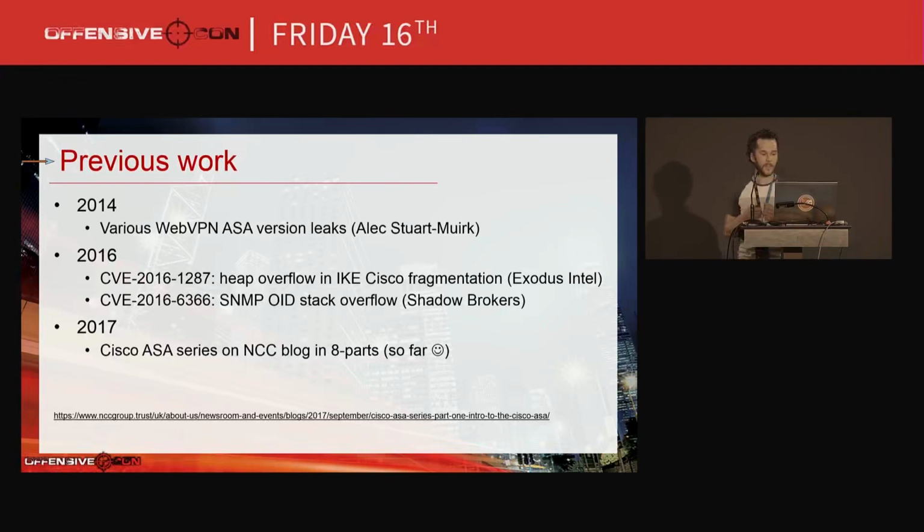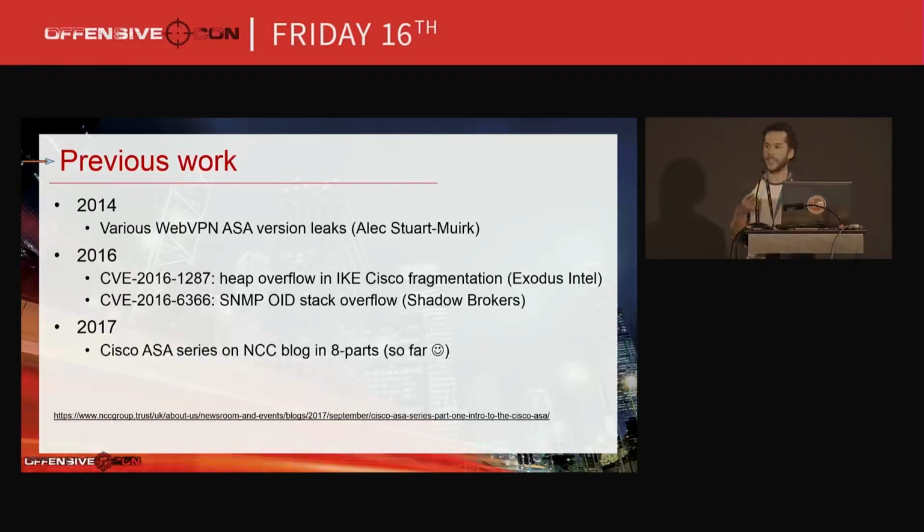In 2016, Exodus Intel published a really nice exploit in the IKE Cisco fragmentation payload, where they exploited a heap overflow. They got a CVE, and they responsibly disclosed it to Cisco before talking about it. It was well done. Very nice bug. They published a proof of concept, an exploit for a specific version. Very good starting point to understand the internals.